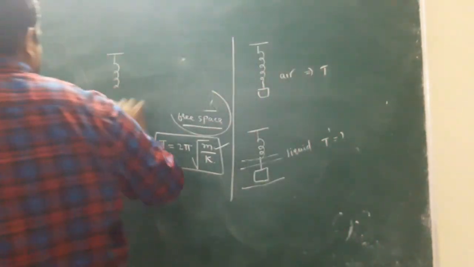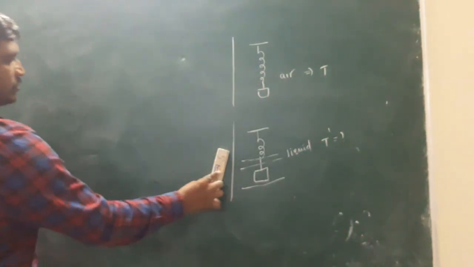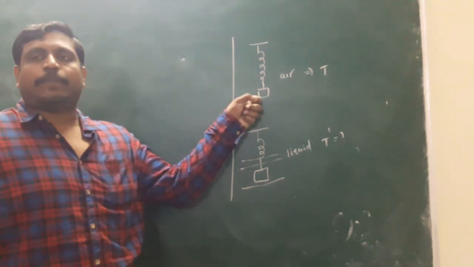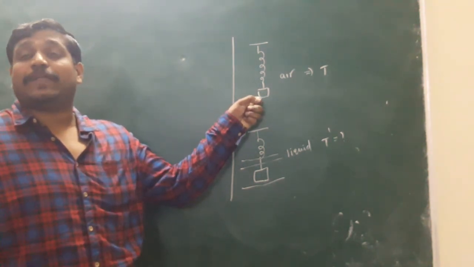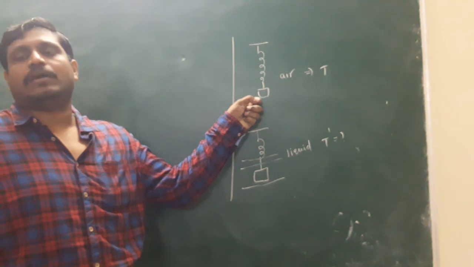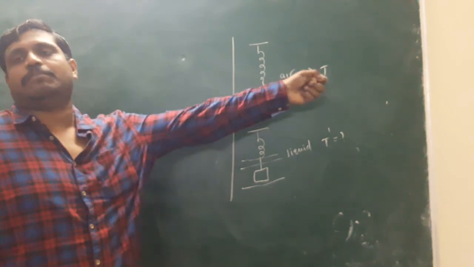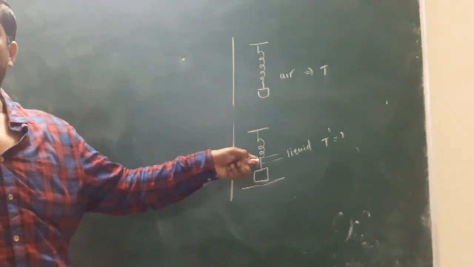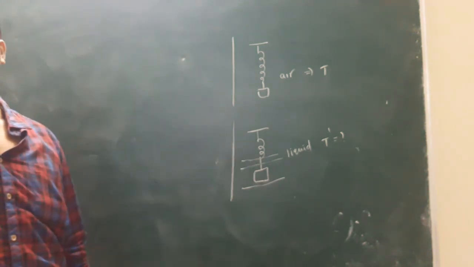This is the question. What is your answer? Initially the spring pendulum, not simple pendulum, is suspended in air, and its time period is T. Next, this same spring pendulum is suspended in the liquid.